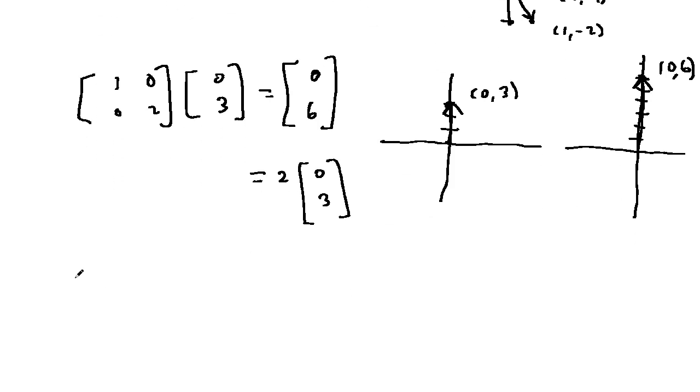Okay, symbolically this is written like this: A times v equals lambda times v, where lambda is the scale factor and v is our vector 0, 3.